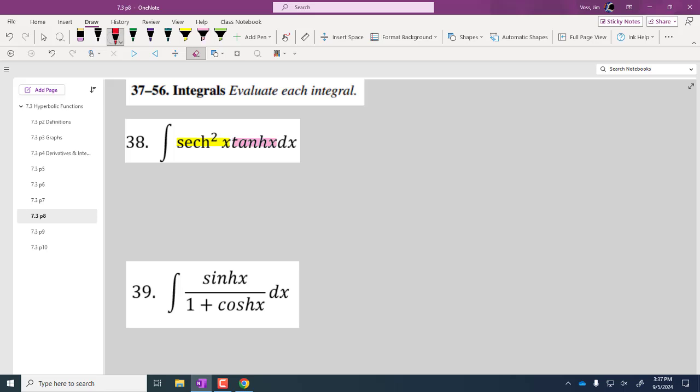The simplest way here, though, is going to be, let's let u be tanh. So if we let u be tanh of x, its derivative is a primary, so it's positive, so we get sech squared of x times dx. So the substitution works out beautifully here, so we end up with the integral of u du.